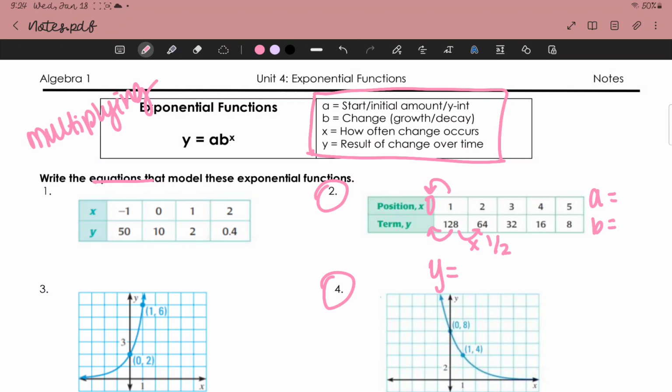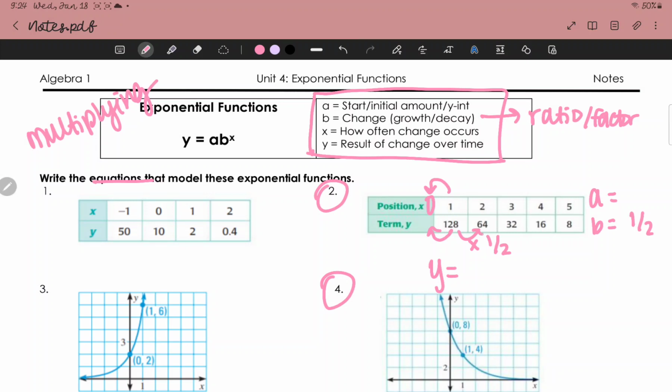Whatever number you're multiplying is your ratio, which we'll eventually call our factor on the next day of this lesson. So our B is a half.